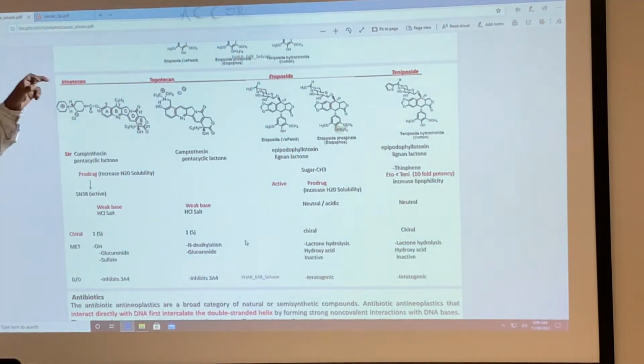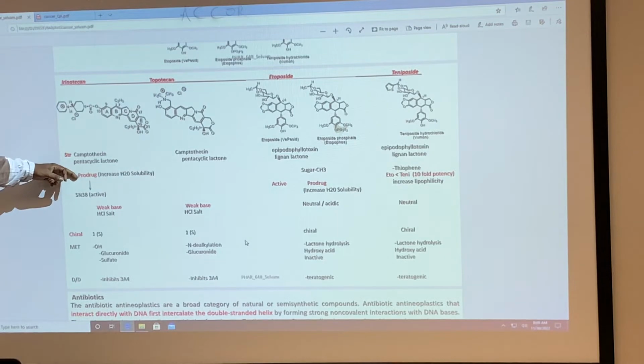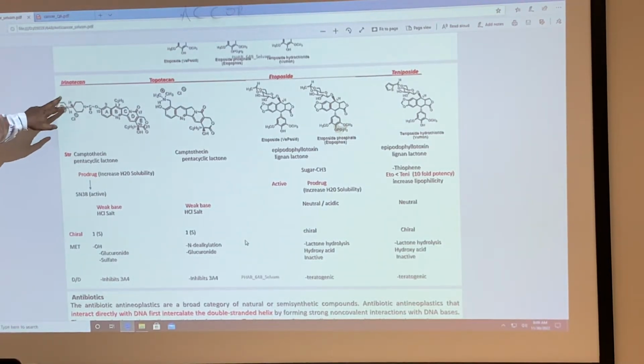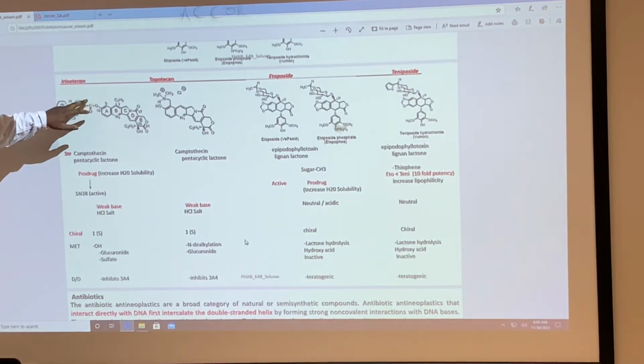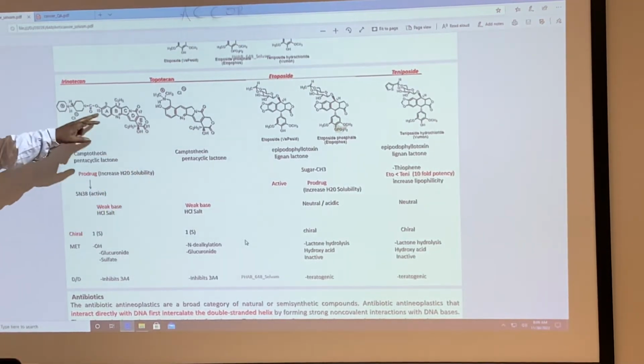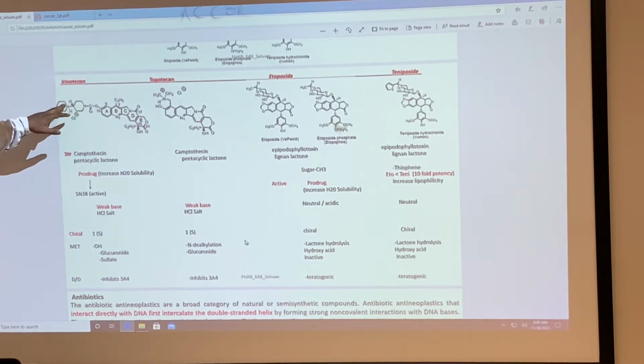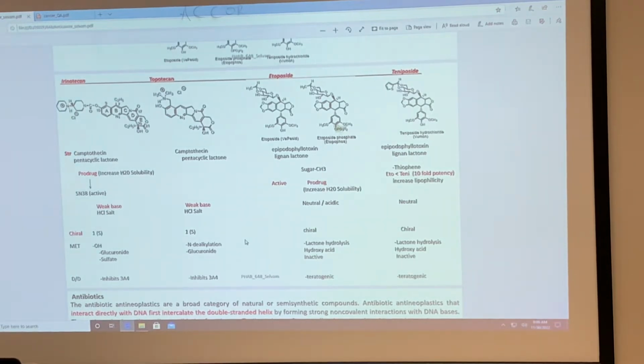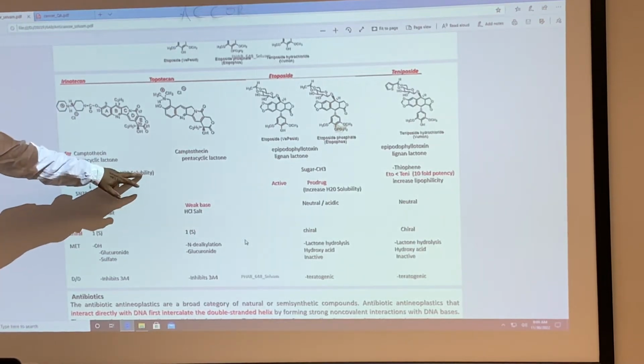Irinotecan is a prodrug. The promoiety, that fragment, is attached to increase water solubility. The amino group and the saturated piperidine ring are attached to increase the water solubility.